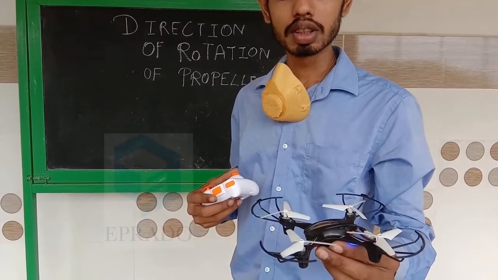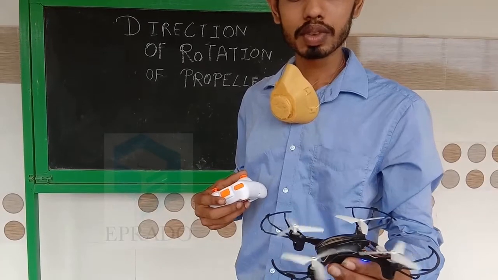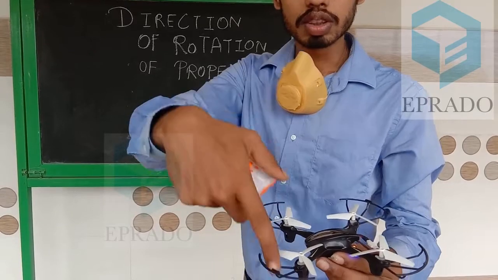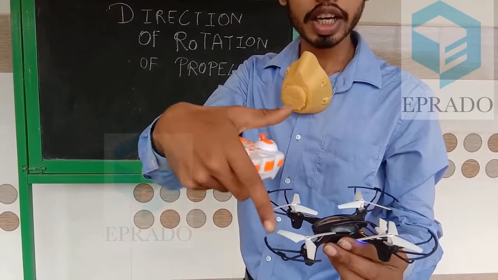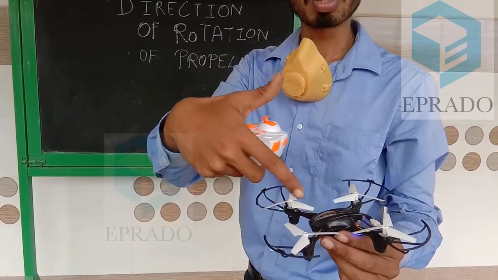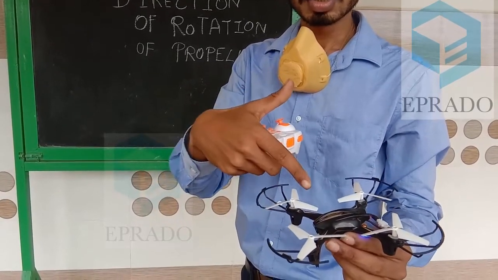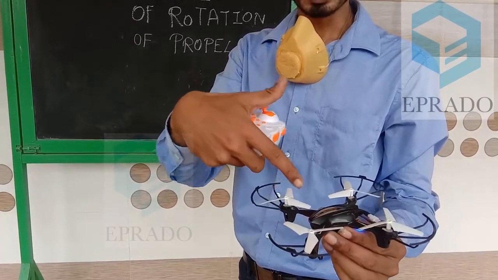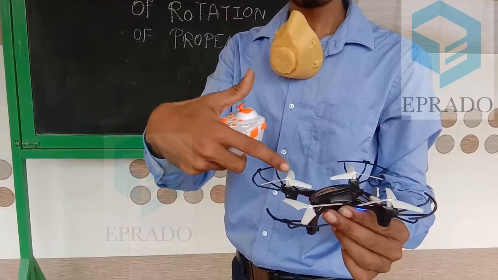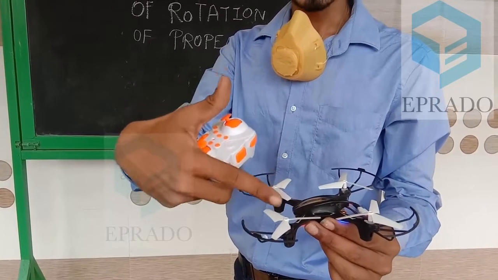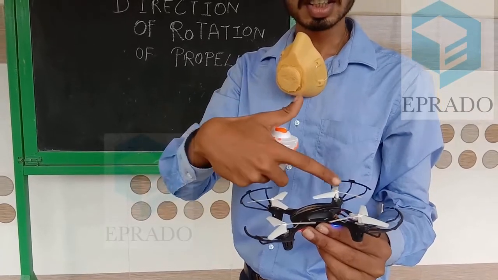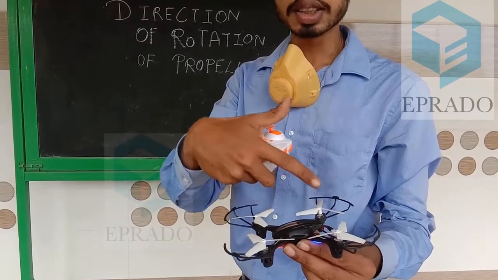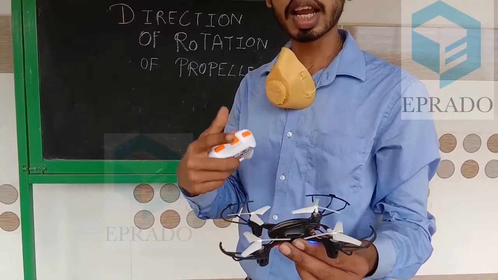If you watch closely, this propeller and this propeller rotate in the same direction, that is clockwise, and this propeller and this propeller rotate in the same direction but anti-clockwise. So these two propellers are rotating in opposite directions to these two propellers, but the propellers opposite to each other rotate in the same direction.